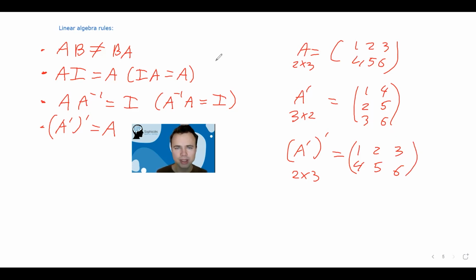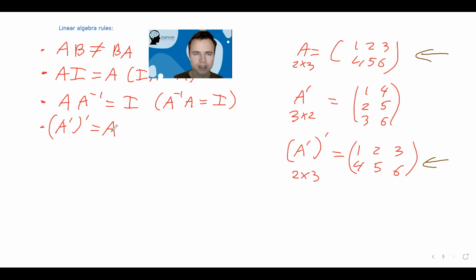Now you will see that if you transpose a matrix twice, you end up with the same matrix. So those two matrices are the same. Remember, if you want to get rid of a transposition, you can transpose it again, and then it's gone. So if you want to get rid of the prime, you can transpose it again, and it's gone.